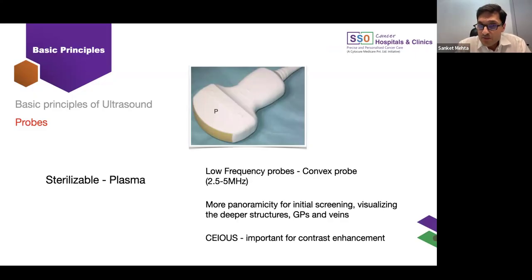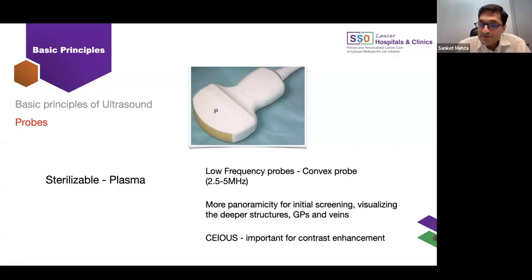It is a low frequency probe, as in the frequency is 2.5 to 5 megahertz, which makes the depth much more, and the panoramicity much more, which is why for initial screening before the liver is mobilized, it's a very good tool to understand the basic anatomy and to see whether the imaging that you have done in the preoperative period roughly coincides with what you are seeing inside the body.